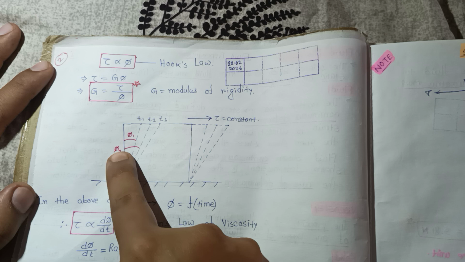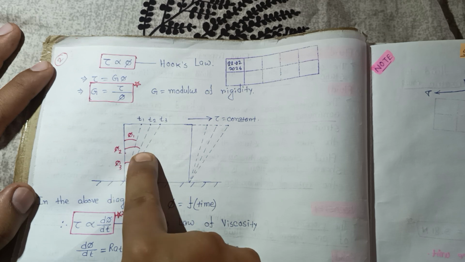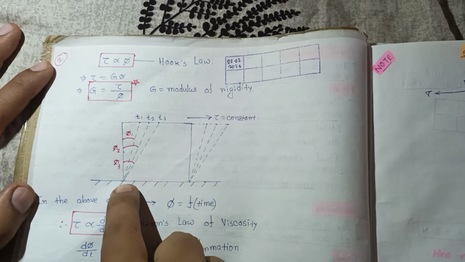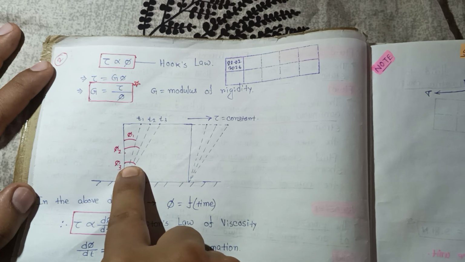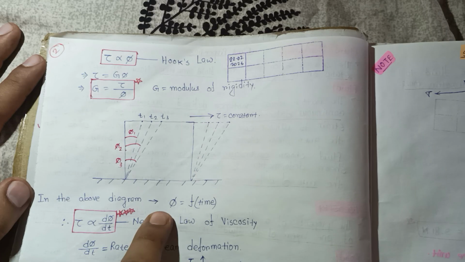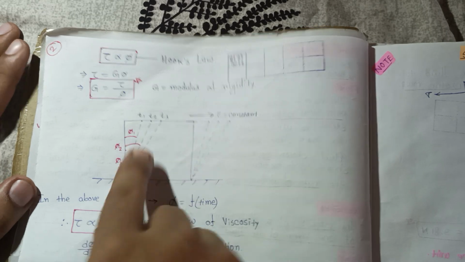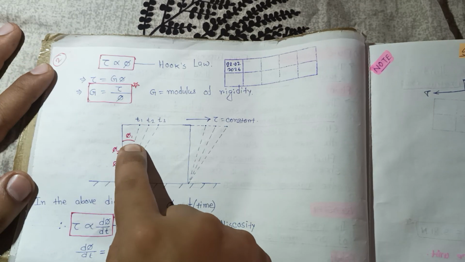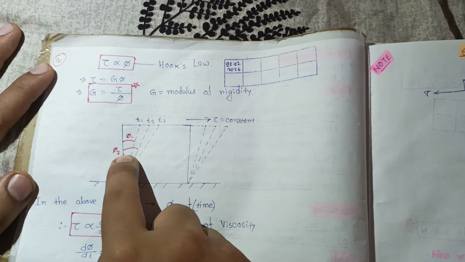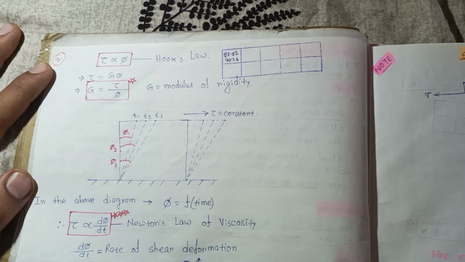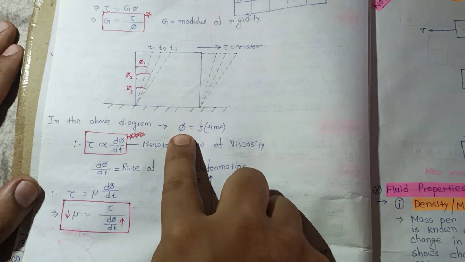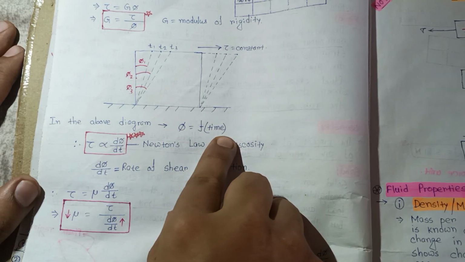At time t2 the shear deformation increases to phi 2, and at time t3 it increases further to phi 3. So phi is a function of time.